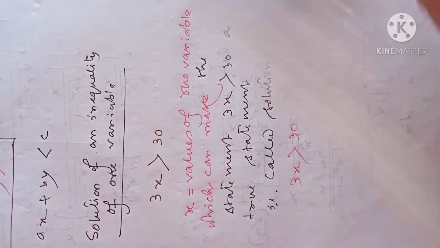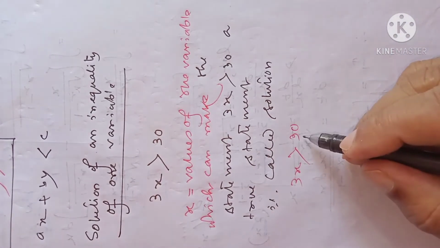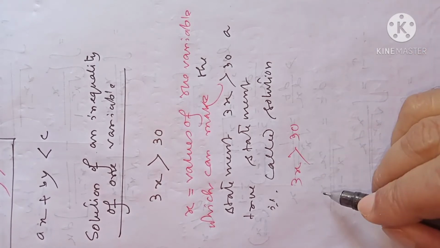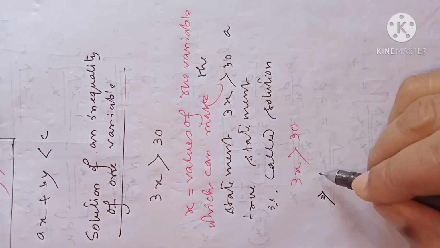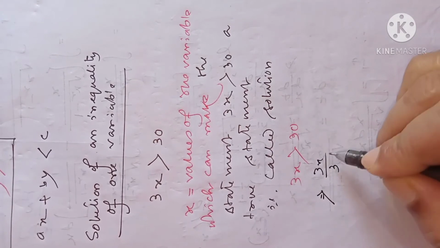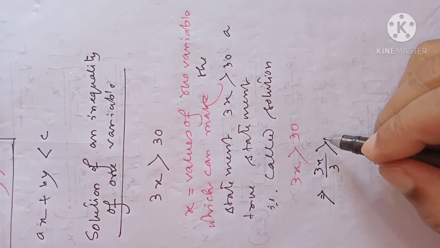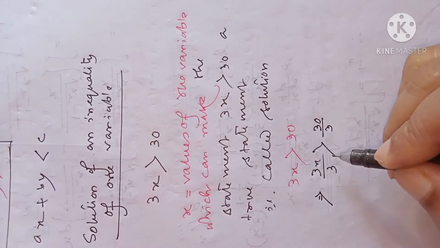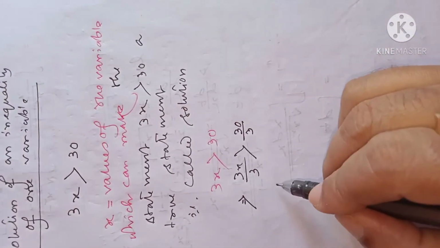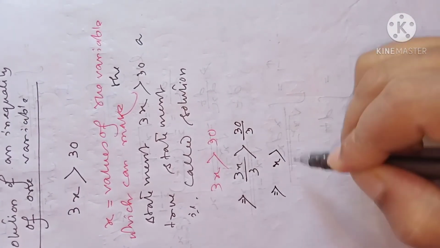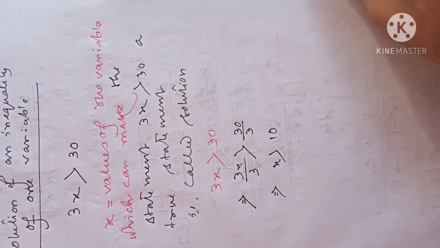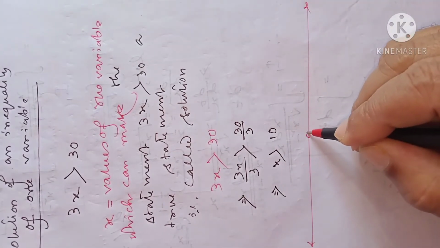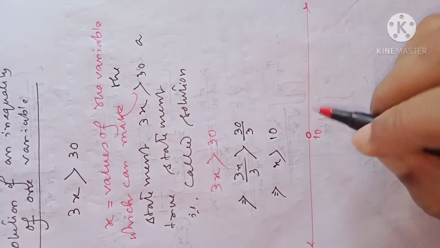Now that means the product of x and 3 should be greater than 30. Which are the numbers which can satisfy this? So both sides we divide by 3, because dividing by the same quantity on both sides, the statement will stay true, like a balance. So dividing by 3 we will get x greater than 10. That means from the number line we will consider all those numbers which are greater than 10. Suppose 10 is here.